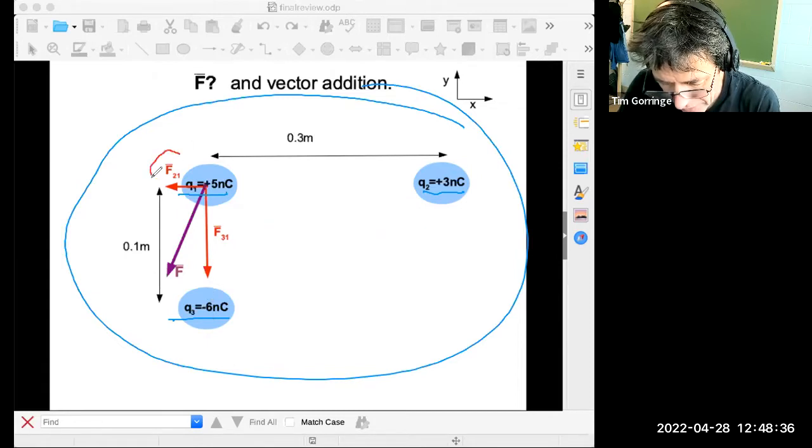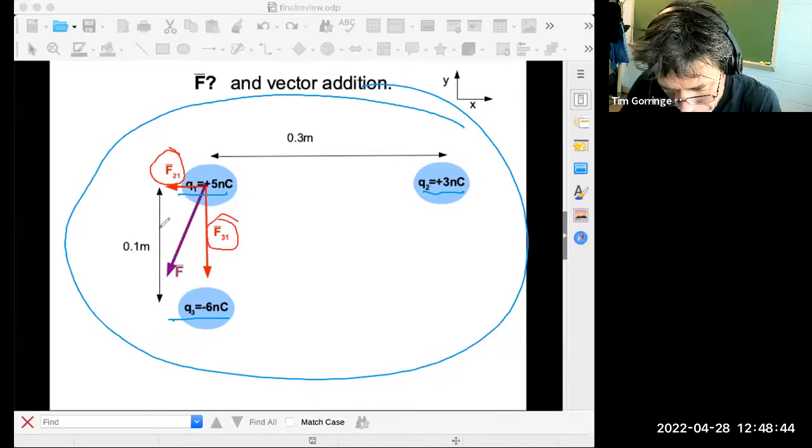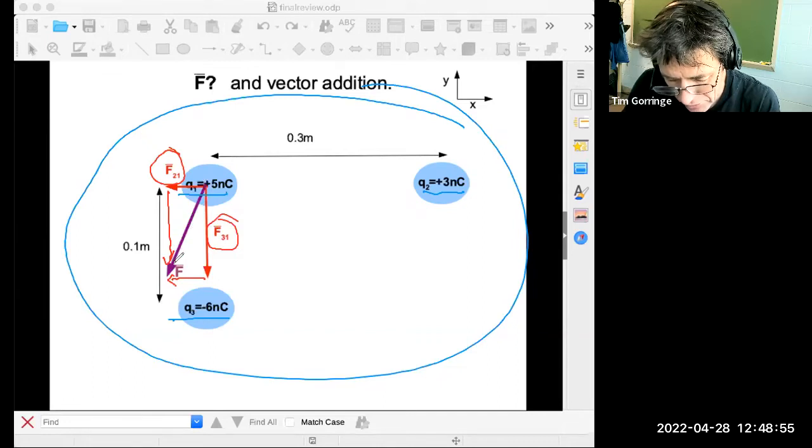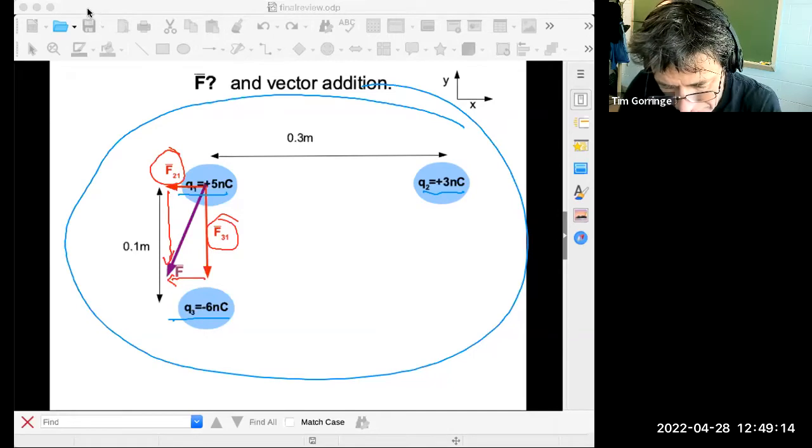And so these are the two individual forces that are acting due to the two other charges. They're going to superimpose. One force will add to the other force. We could picture it like this, or we could picture it like this, to make this resulting force in purple here. And our goal is to find the magnitude of this resulting force and find the precise direction of the resulting force, i.e. to turn this picture into a numerical value for the size of the force and the direction of the force. So that's our task now.